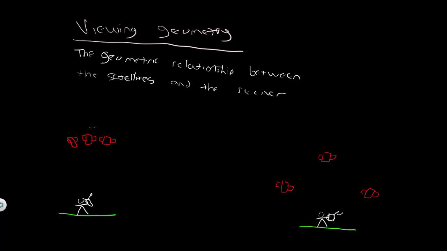In this case, this is kind of a bad geometry, and it's a bad geometry because the satellites are too clustered. In this case, this is a good geometry, or a better, I should say, maybe it's a better geometry.